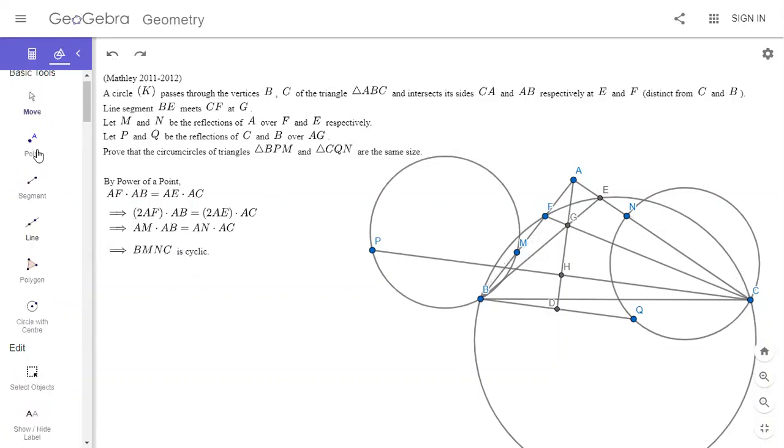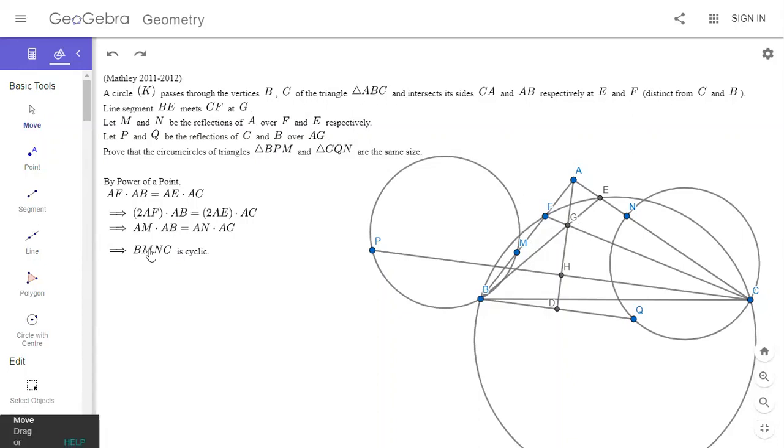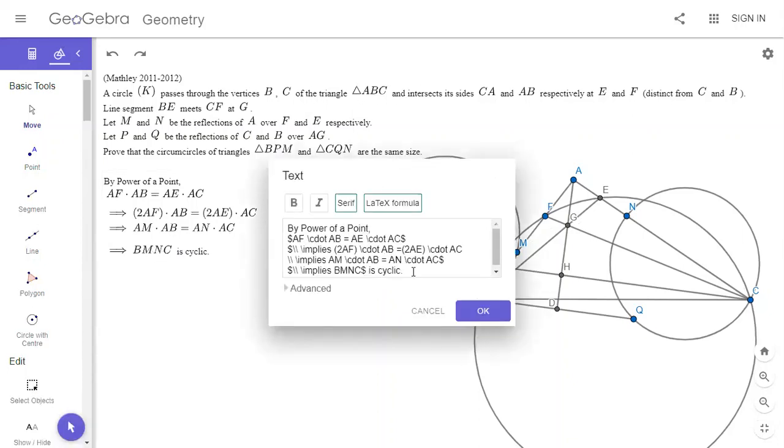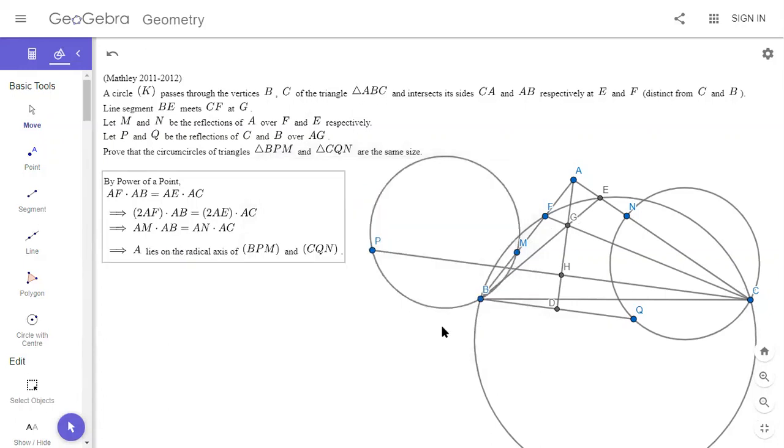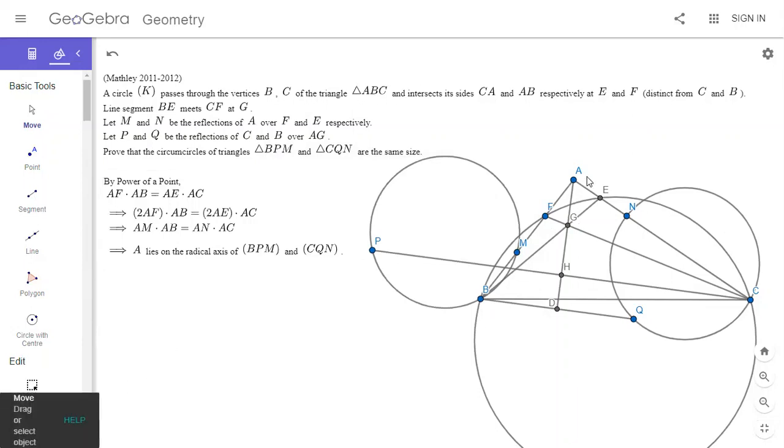We could just say A lies on the radical axis of those two circles. Okay, so A lies on the radical axis of those two circles.